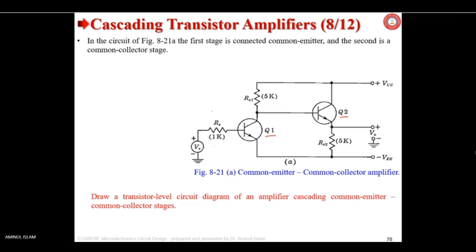So see that VS is connected at the input of Q1. Initially, we will not consider the effect of RS. And we'll calculate all these parameters like voltage gain, current gain, input resistance, output resistance, etc.